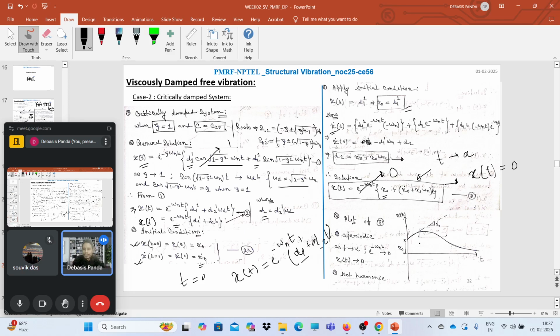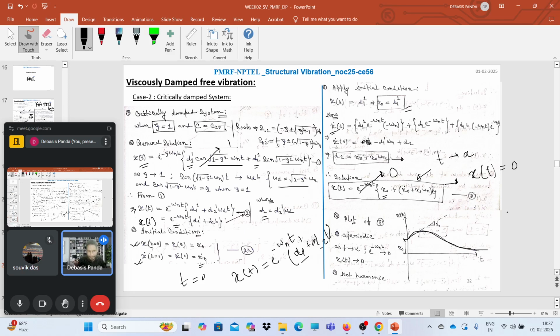That means, for example, for a system where we are providing initial displacement and initial velocity, and the system is critically damped, what will happen? It will be at the equilibrium position quickly. So there is no oscillation for this case.